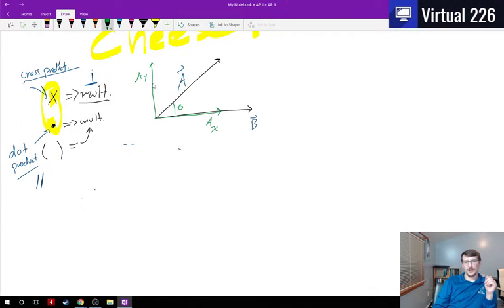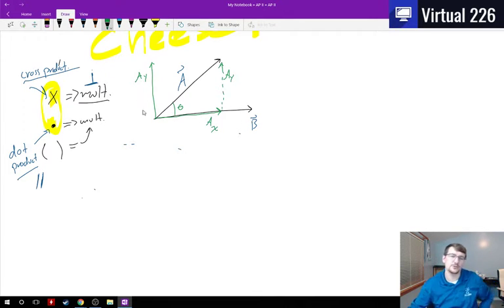This is how the head-tail method goes, right? What this means is that the dot product is trying to multiply together only the x component of A to B, because they are now parallel.